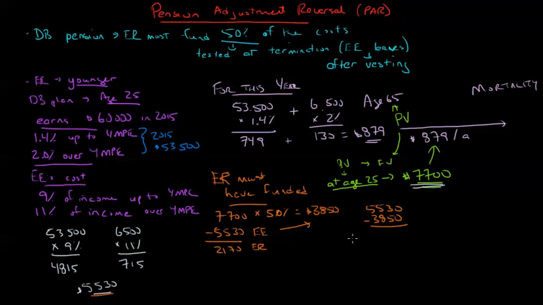So this employee is going to get $1,680 back out of this plan because of this overfunding. And this will be paid to make up for that amount over the 50% rule. Now, the problem here is that this is going to be taxable.